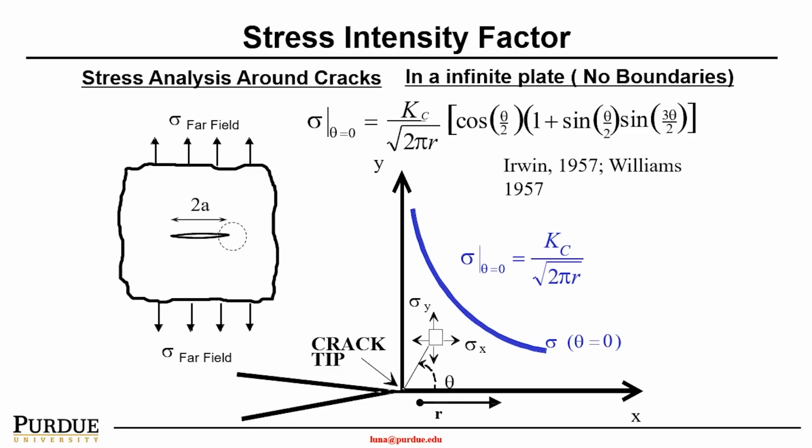In this case, we can rewrite the equation: sigma when theta equals 0, meaning along the crack direction from the crack tip, equals Kc divided by square root of 2 pi r. Kc is called the stress intensity factor, or K critical. And Ki is the stress concentration factor. So those are two very different concepts.